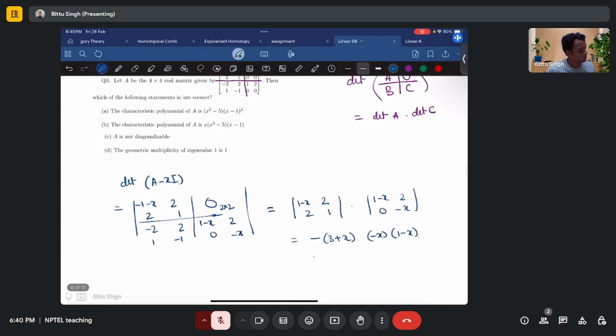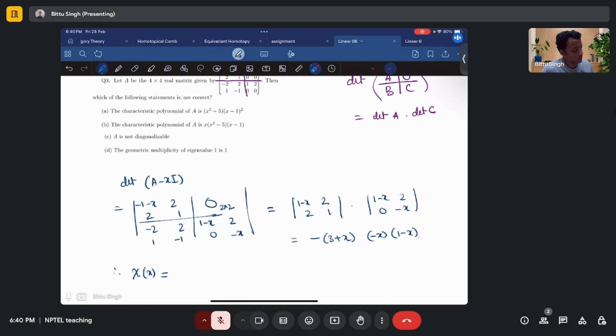So therefore the characteristic polynomial, we denote it by chi of x. We need to produce a polynomial whose highest degree term is plus 1.